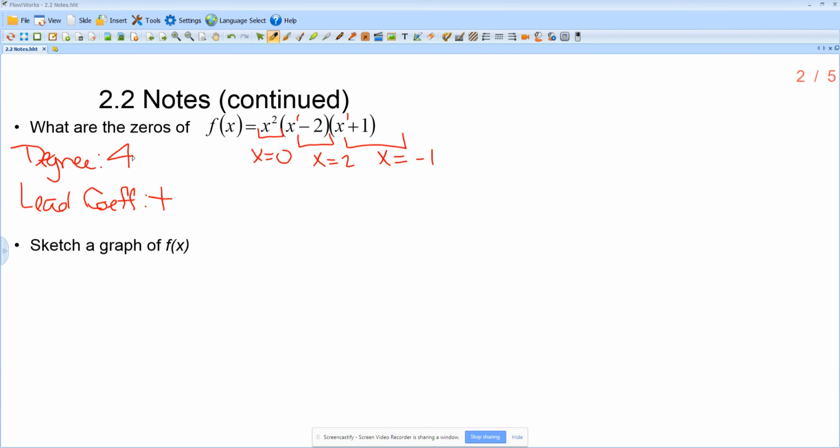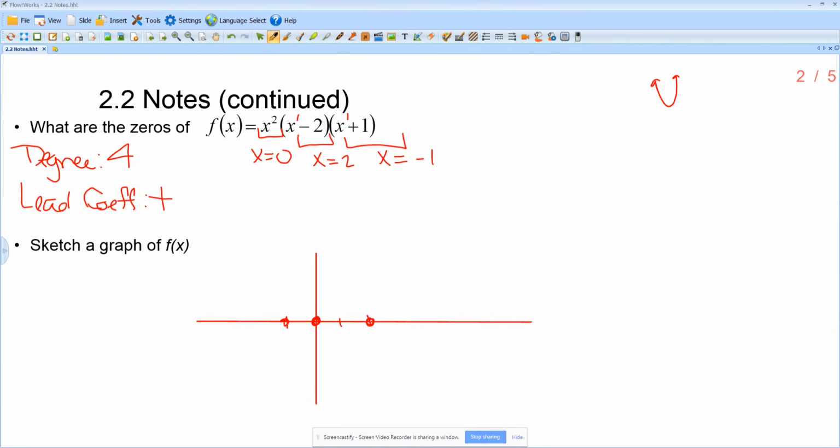Now, what does this tell me? Okay, well, a degree of 4 means I have something that basically looks like a parabola, and the lead coefficient being positive is that it hasn't flipped over. So now if I want to sketch this, I'll draw myself a little sketch. I have a 0 at 0, at 2, and at -1.